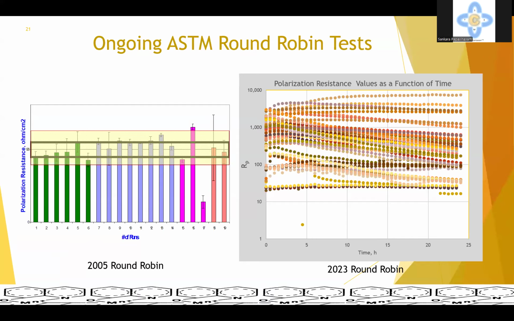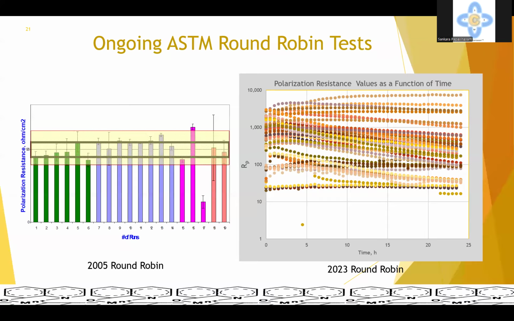But because this methodology is easy and produces good results in a very short duration, most of the laboratories, almost all the laboratories at one stage used the rotating cylinder electrode.